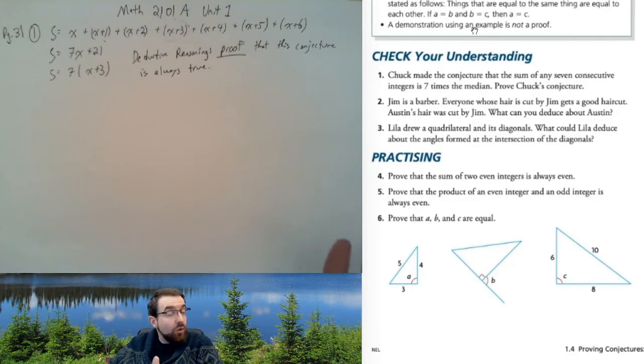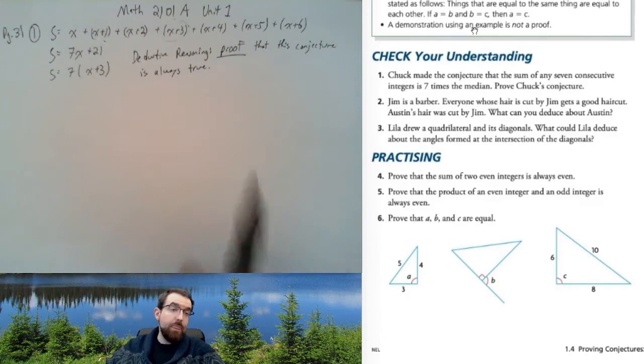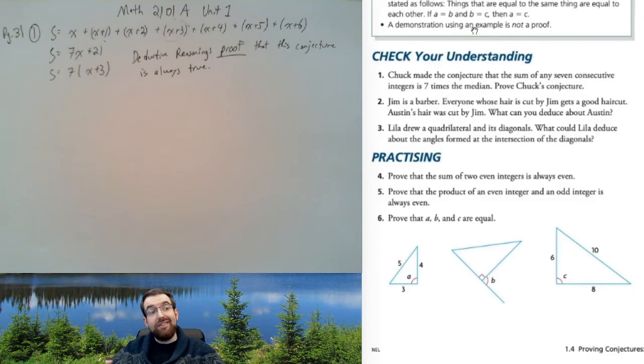We no longer need to go get other examples, because if you wanted to prove this through inductive reasoning, you would be doing this a few different times with a few different sets of numbers. The thing about inductive reasoning is sometimes the conclusions it draws can be faulty, like we saw yesterday, because all you need to do to show that inductive reasoning is wrong is provide one single solitary counterexample, and then everything's out the window.